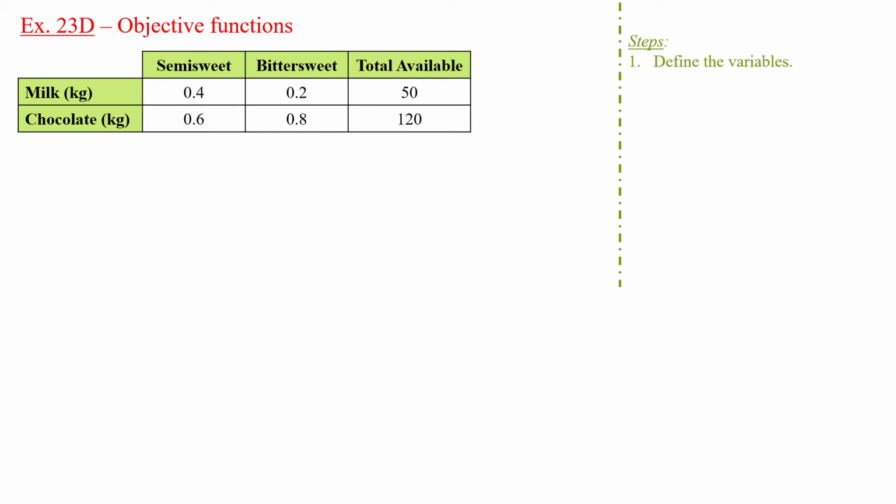Our first step is going to be to define the variables. So we're going to use X and Y. Let X be the amount in kilos of semi-sweet chocolate produced each day.